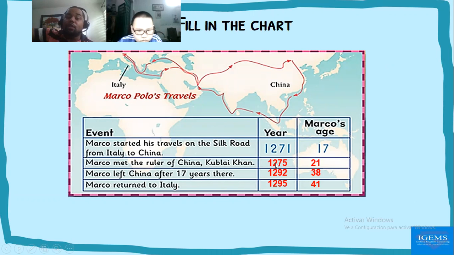Then he left China and went back to Italy. He left China in 1292 at the age of 38. And then he returned to Italy in 1295, at the age of 41. Understand? Yes.